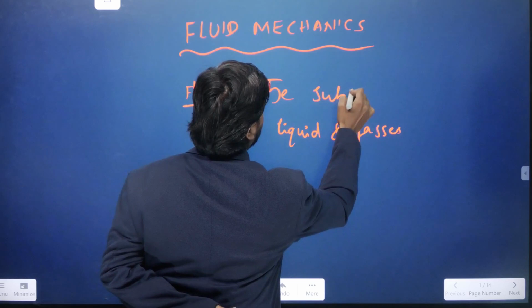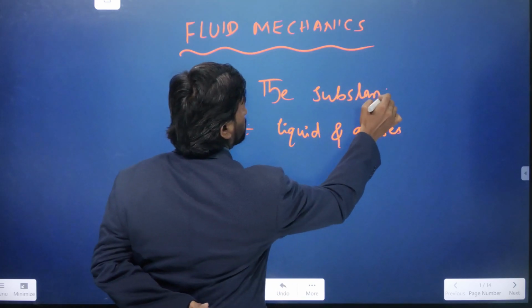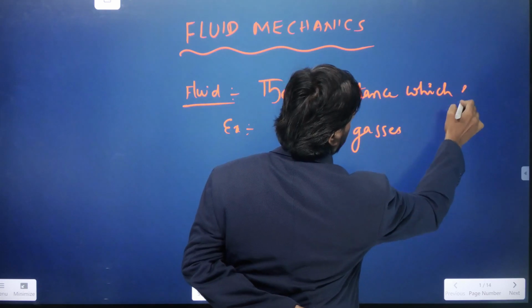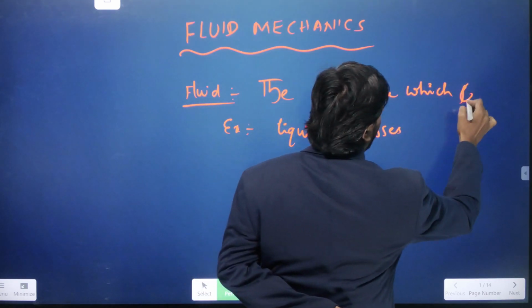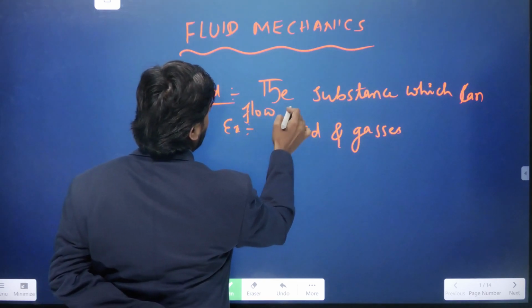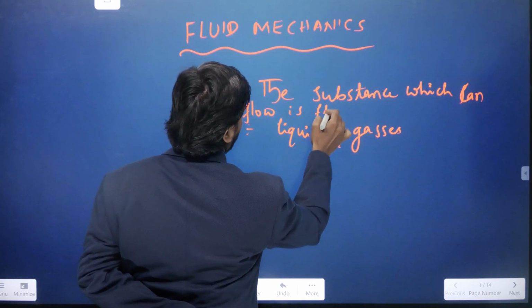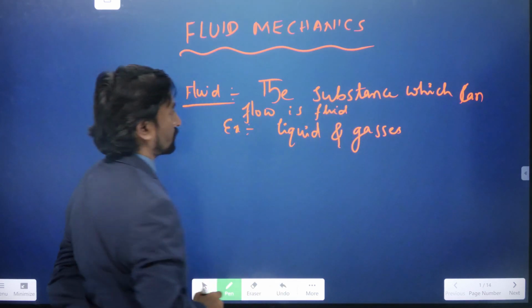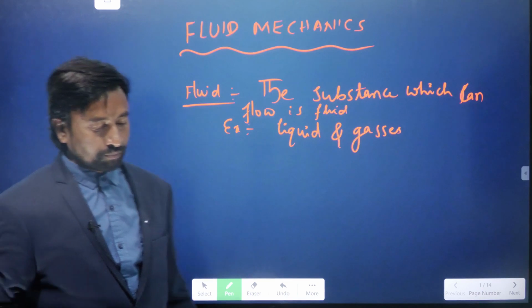The substance which can flow is called a fluid. So there are two types of fluids: liquids and gases are known as fluids.